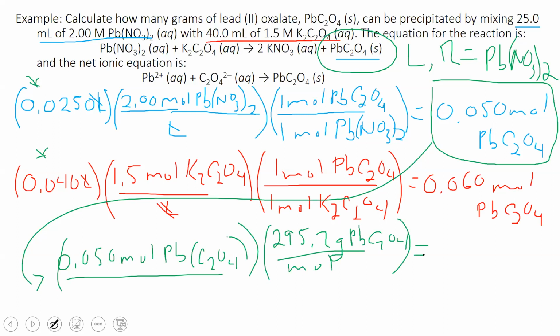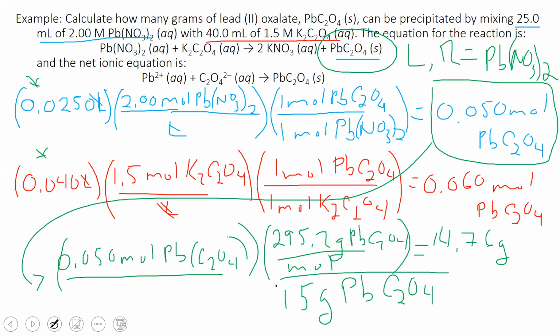That'll give you a mass of 14.76 grams, or in this case, with 2 sig figs, 15 grams of lead oxalate.